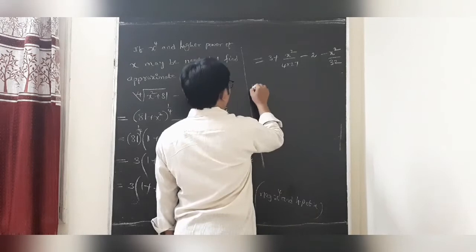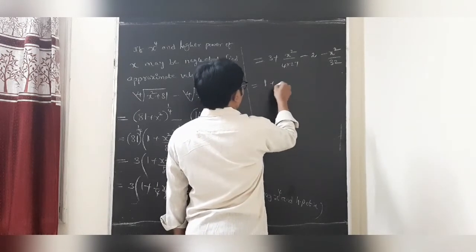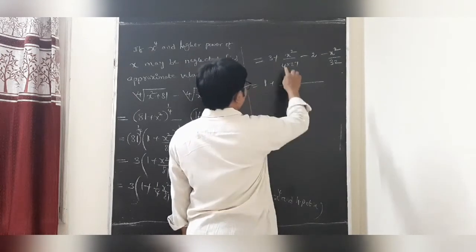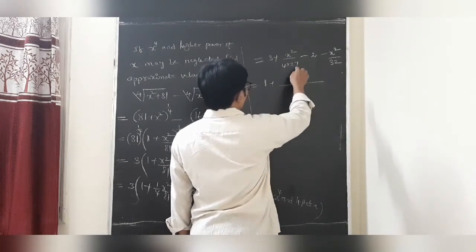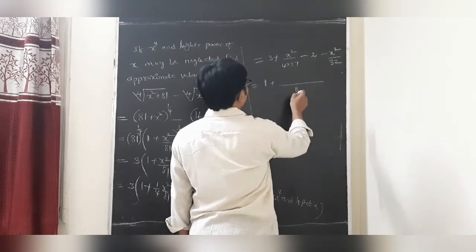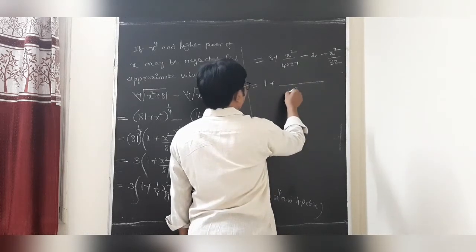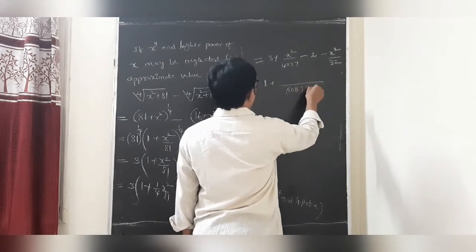My dear student, 3 minus 2 is 1. Now we are taking the LCM, 4 into 27, that is 108. 4 2s are 8, 8 into 32.